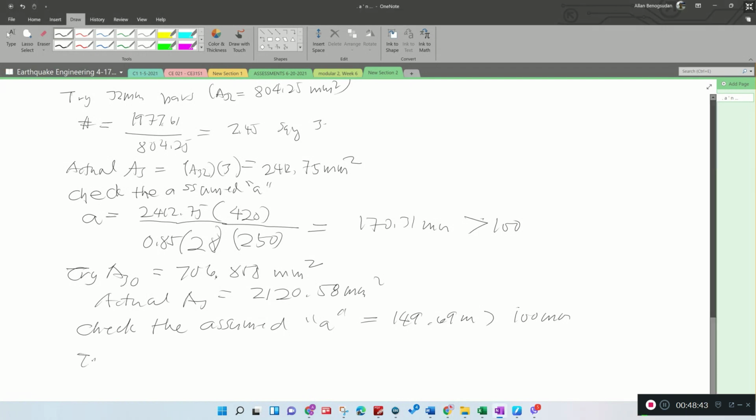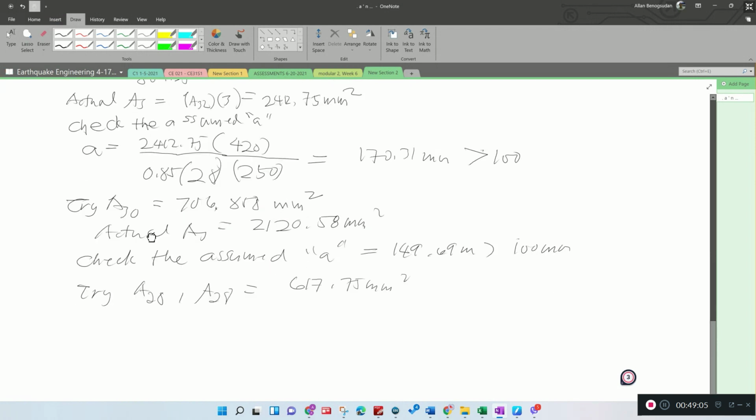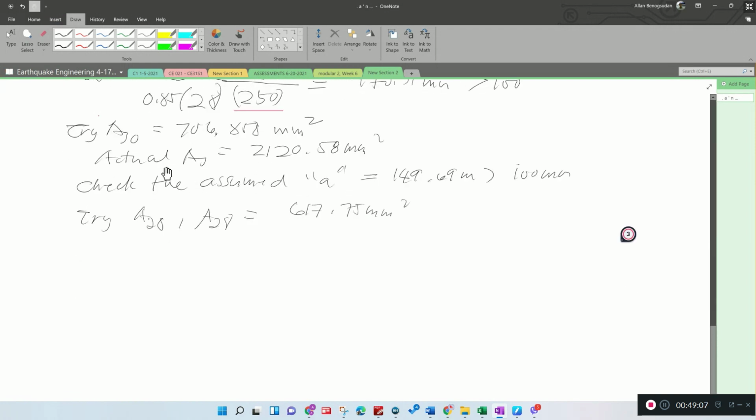Now try 828. 828 is equal to 617.75 mm squared. Now, this is the sort of thing that you can do in our supposed manuscript, where you are going to design what you have.